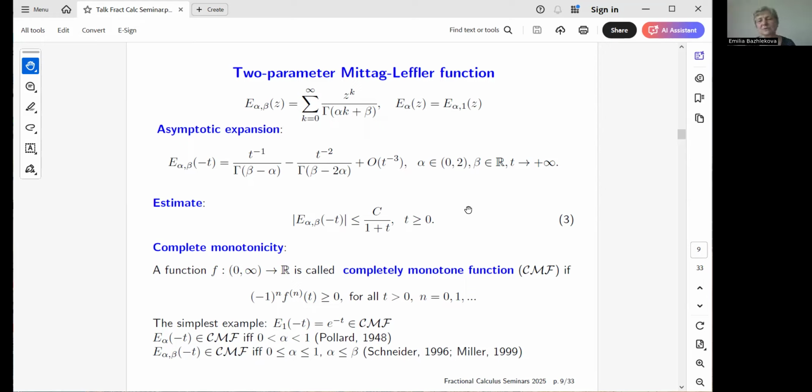Thank you for the question. No, we didn't study numerically these functions, and I did not do research on that. But it's indeed important to be able to numerically calculate them. For practical applications, especially for plotting some solutions, it would be very interesting.